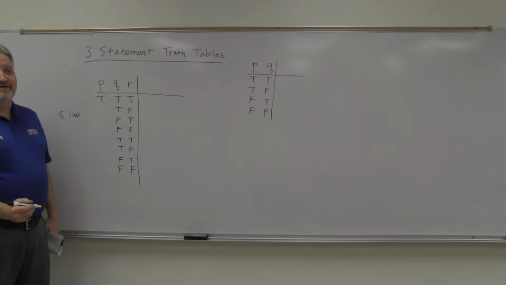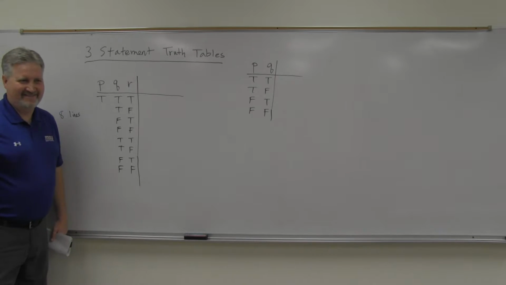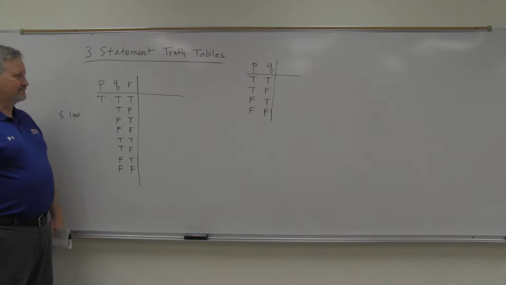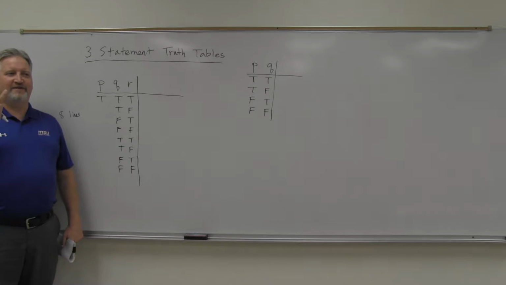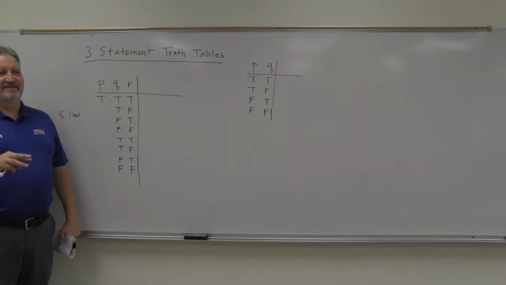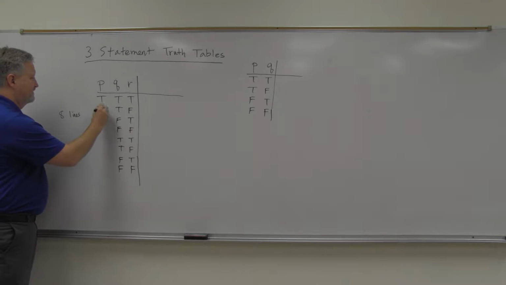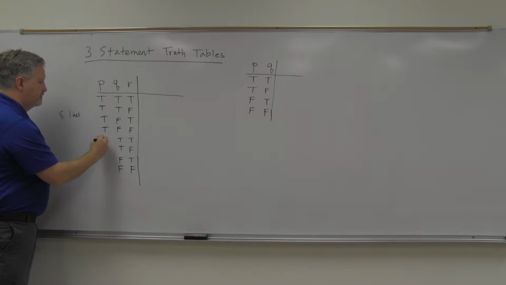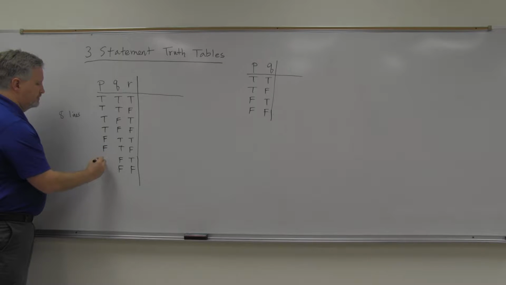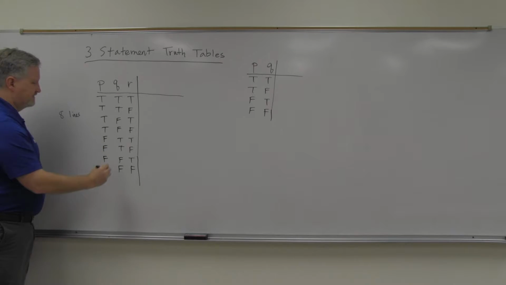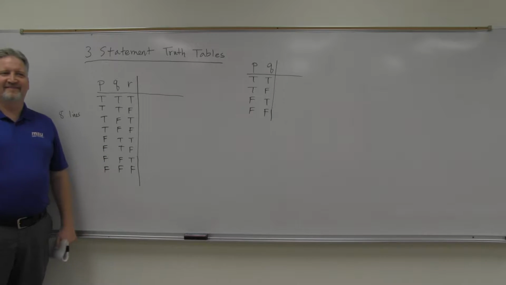Guess what I'm going to do for the P's? It wouldn't work out if I did 3 and 3. 4 trues, 4 falses. So that makes 8.